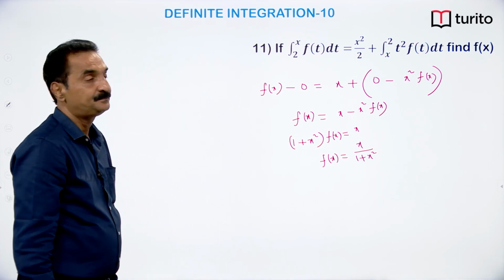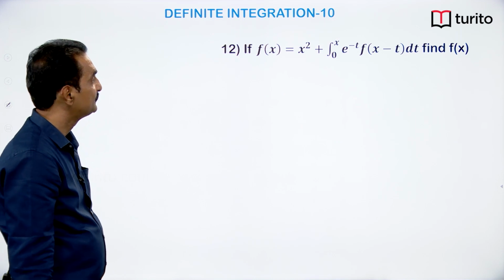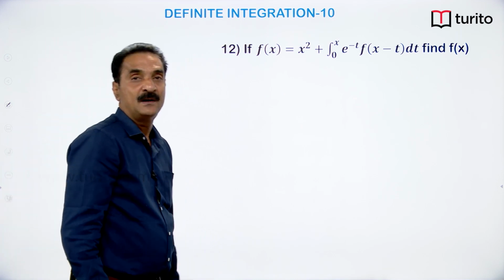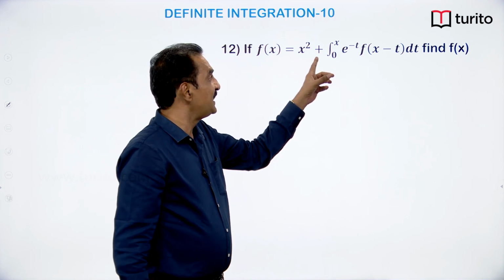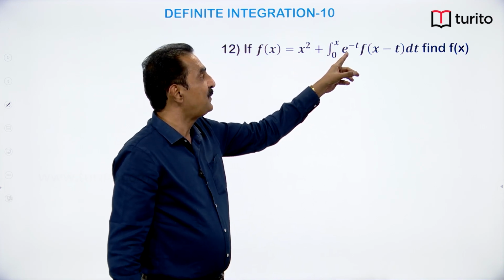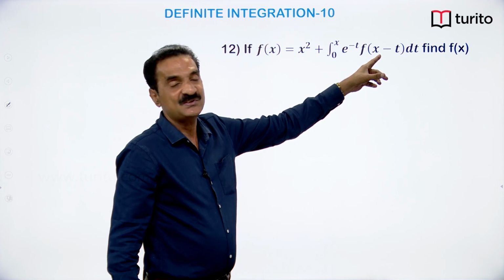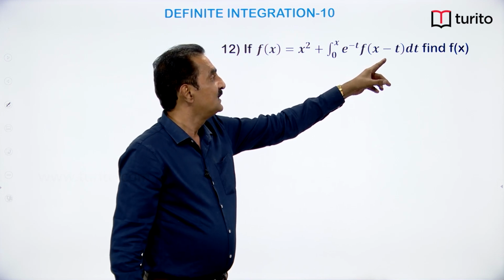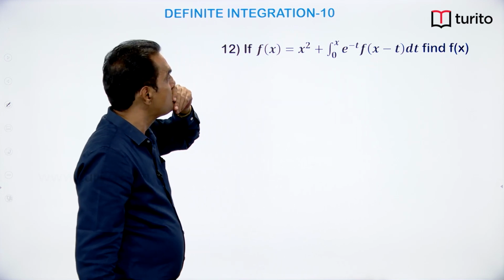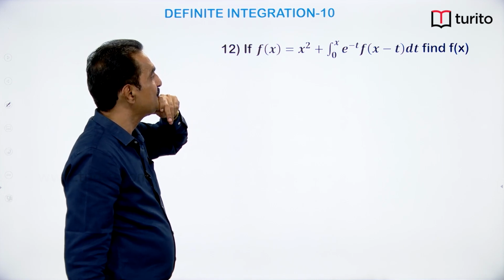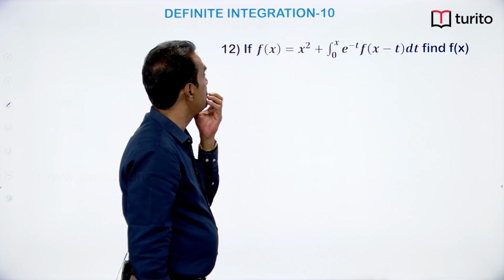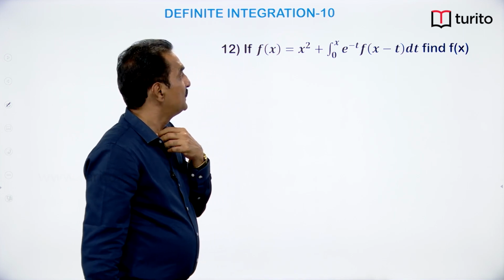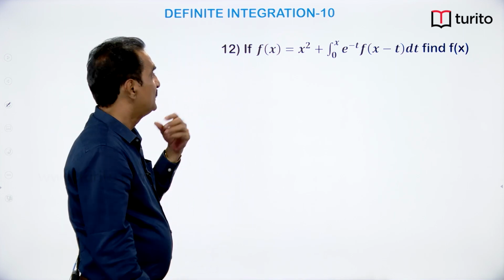Next question. If f of x is equal to x square plus integral 0 to x e power minus t into f of x minus t, then find f of x. What will you do?